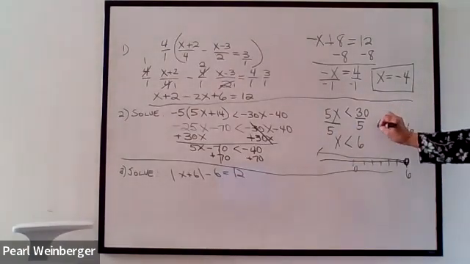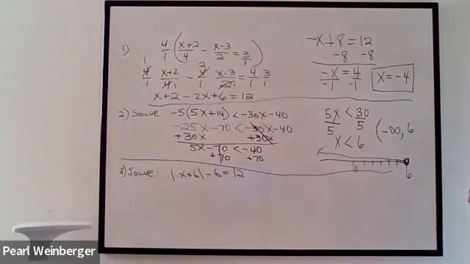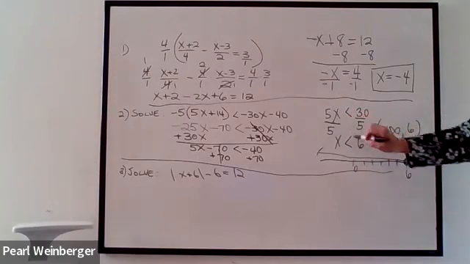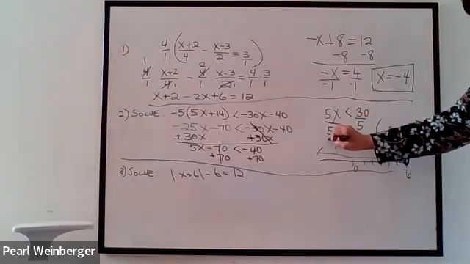And at infinity, we always put a parenthesis, whether it's positive infinity or negative infinity. On the other side, it depends on whether this is a filled-in circle or not. This is an open circle, so that is also a parenthesis. If this would have been a less than or equal, we would have filled in the circle and we would have made a bracket.